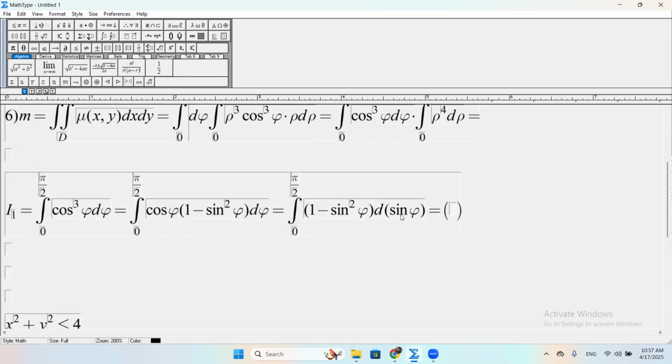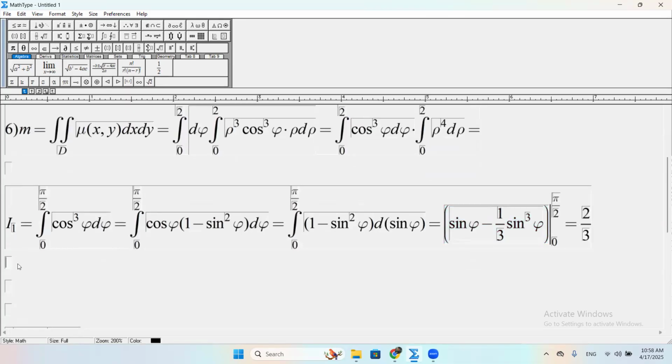We have the following integral: sine of phi minus 1 over 3 sine cubed of phi, from 0 to pi over 2. And actually it will be equal to 2 over 3, since sine of pi over 2 equals 1. So 2 over 3. Done.